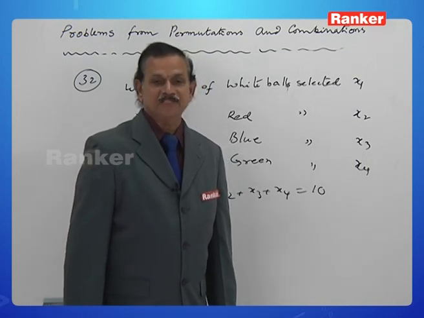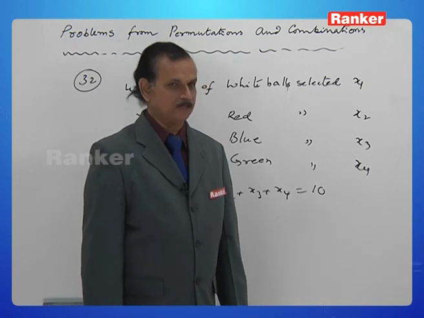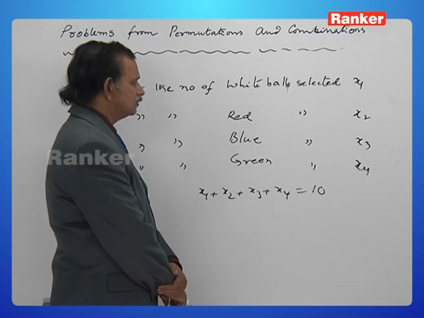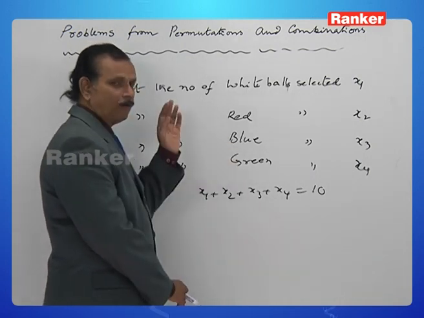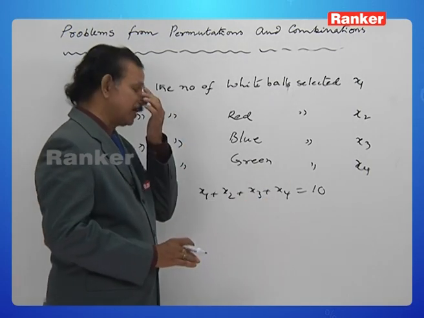The number of ways of selecting 10 balls out of an unlimited number of white, red, blue and green balls. Here, you may not choose red balls. You may choose 9 blue balls, 1 green ball, like that. As a whole, you are supposed to have 10.